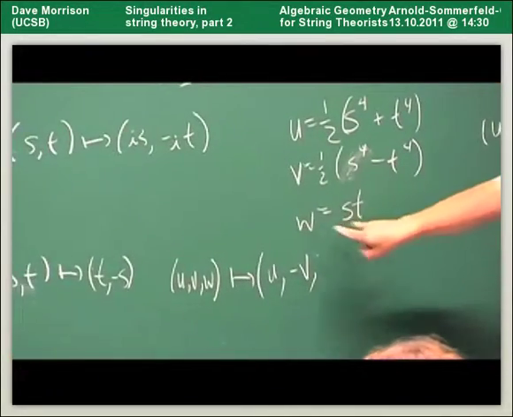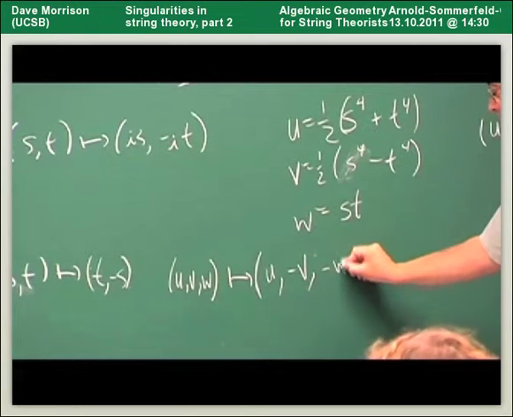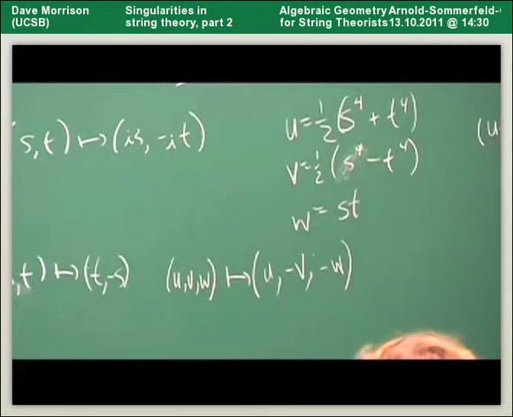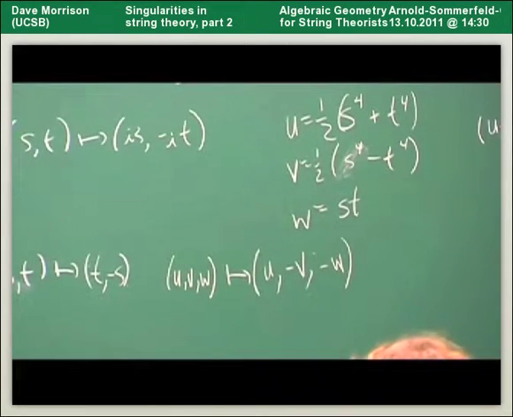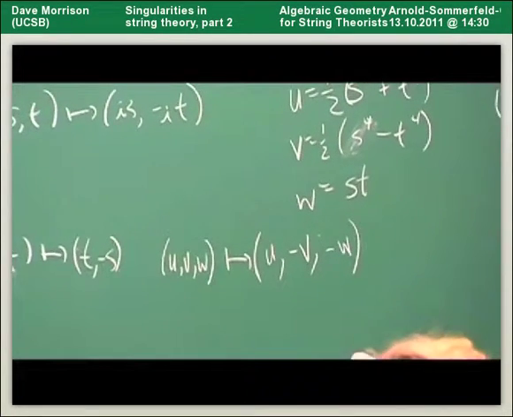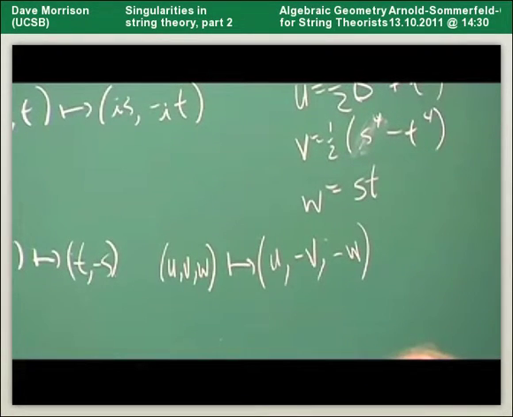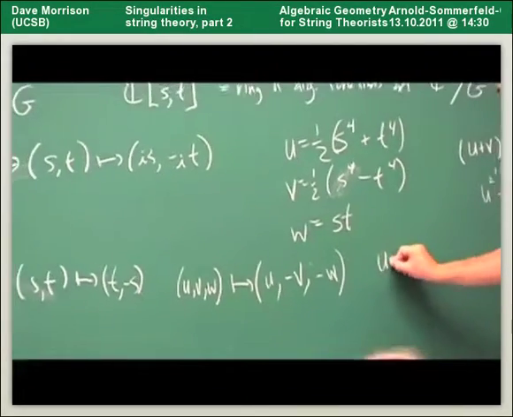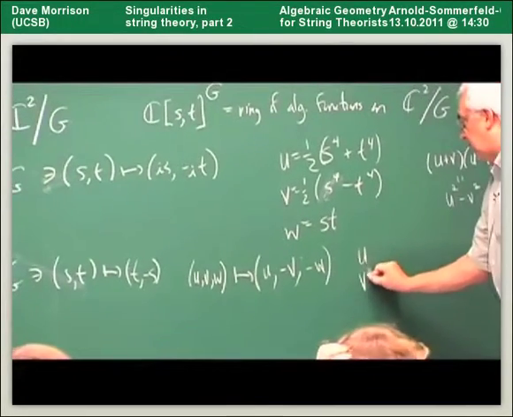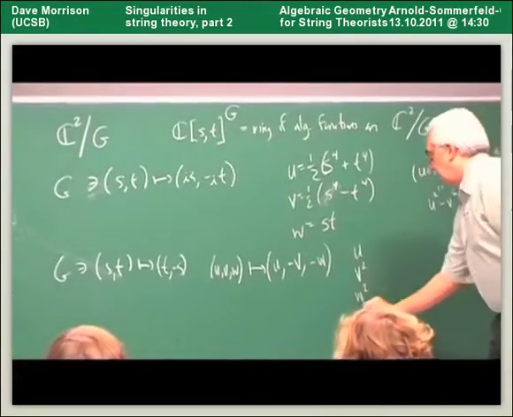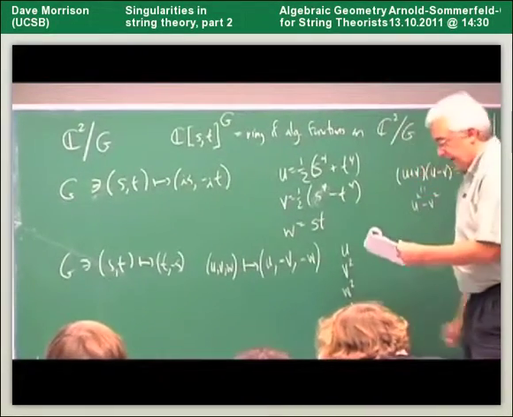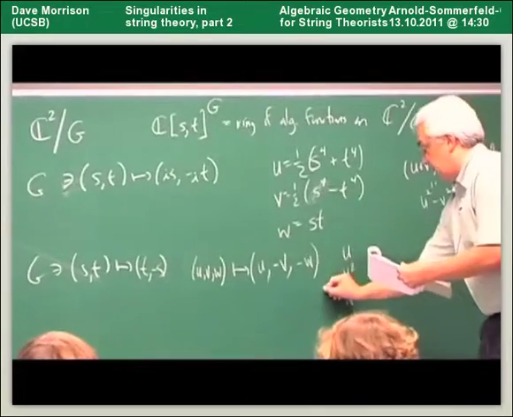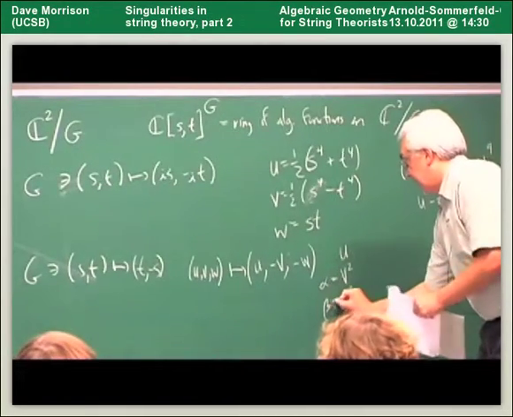And w, the product, also gets sent to its negative. So that's the action of this second generator on the invariants under the first one. And the invariants for that are not hard to see. I still have u as an invariant. I've got v^2, w^2, and vw. Let me give those some names: alpha, beta, and gamma.